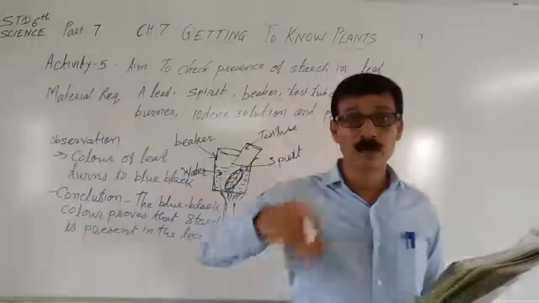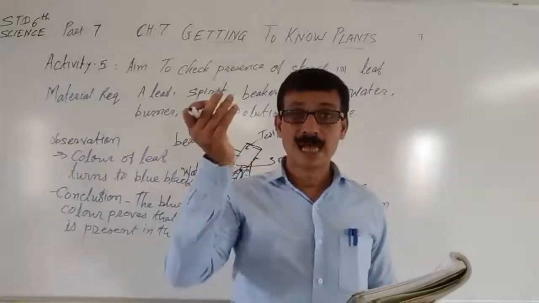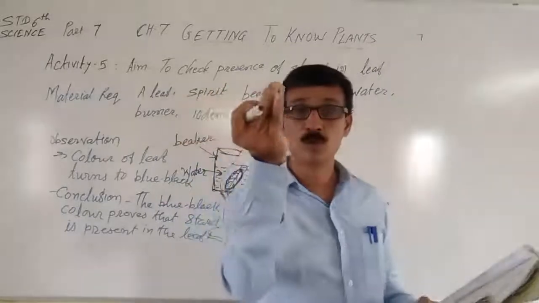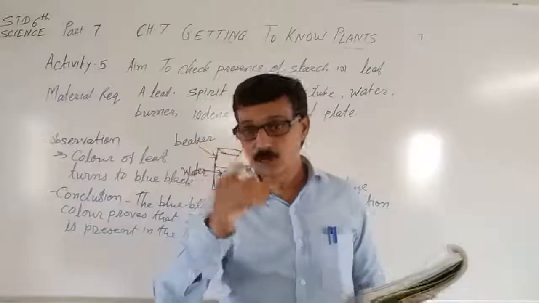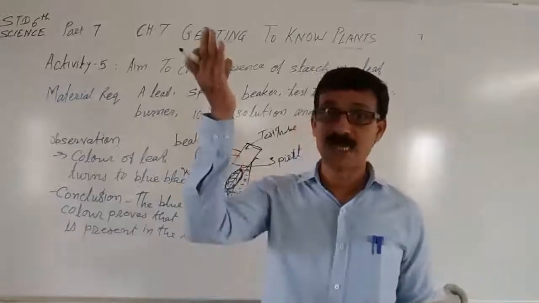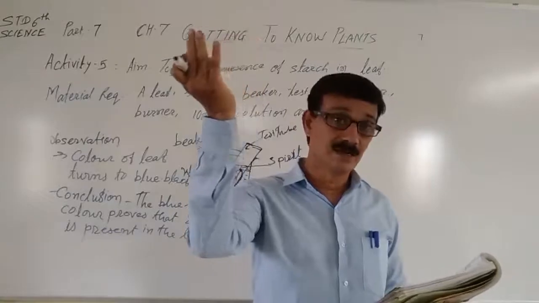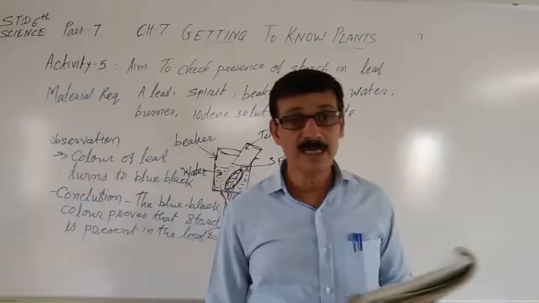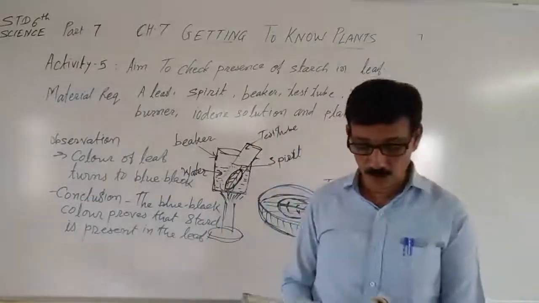And how does it come to the potato? After preparing the food, it is sent through the stem to the potato. Actually, potato is also a stem, but it grows in the soil. So the food from the leaves, that means carbohydrate or starch, is sent to the stem, the potato, and this happens in the potato plant.